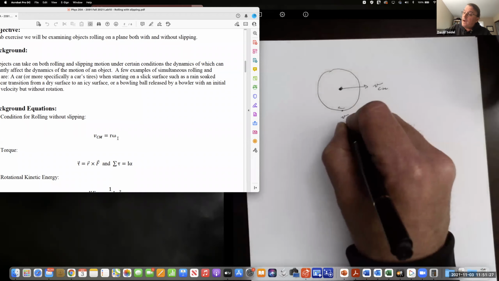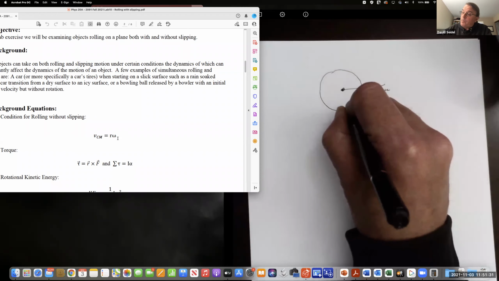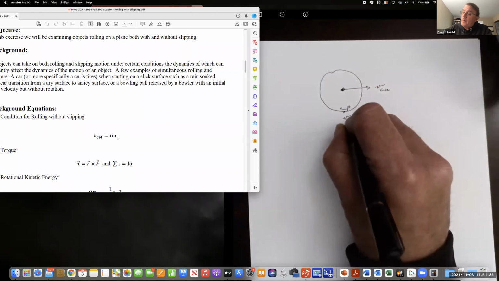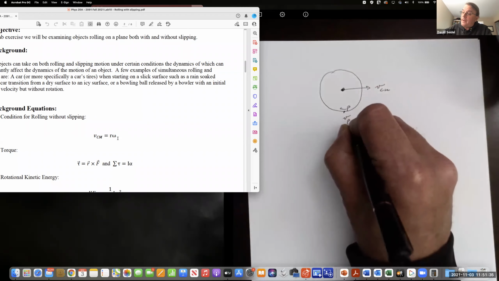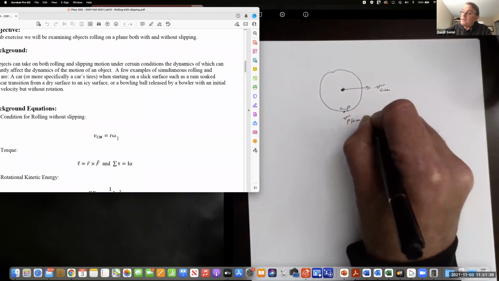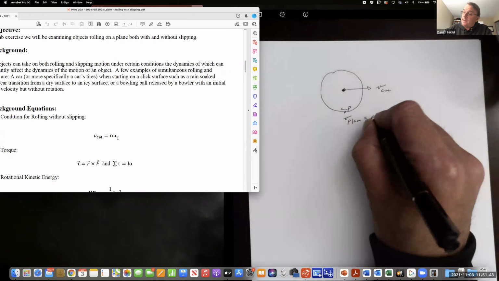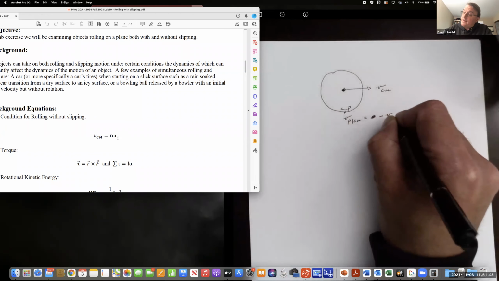V of point P, we call this point P, relative to the center mass equals minus V center mass.